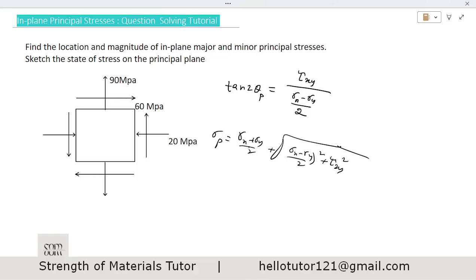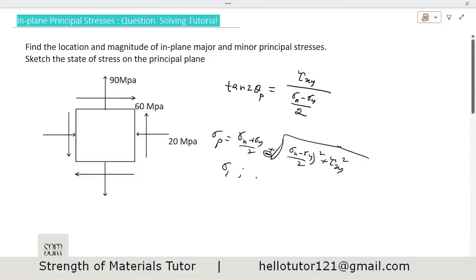If the question was simple, that we only need to find the major and minor principal stresses, then we would use first the plus sign and then the minus sign. Then we would get the major principal stress, that is sigma 1, and the minimum principal stress. By the way, minimum principal stress and minor principal stress are one and the same thing.